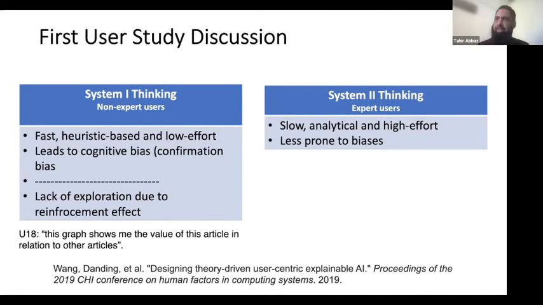For instance, in the case of visual explanation, when they analyzed the think aloud protocols, one of the users said that this graph shows me the value of this article in relation to the other articles, which wasn't the case.